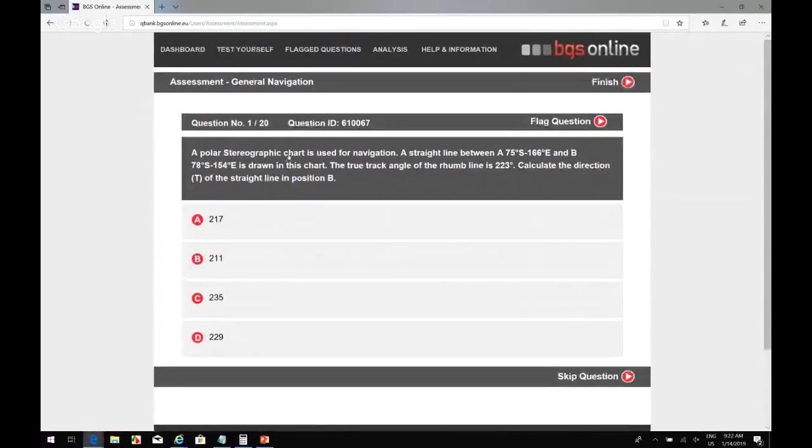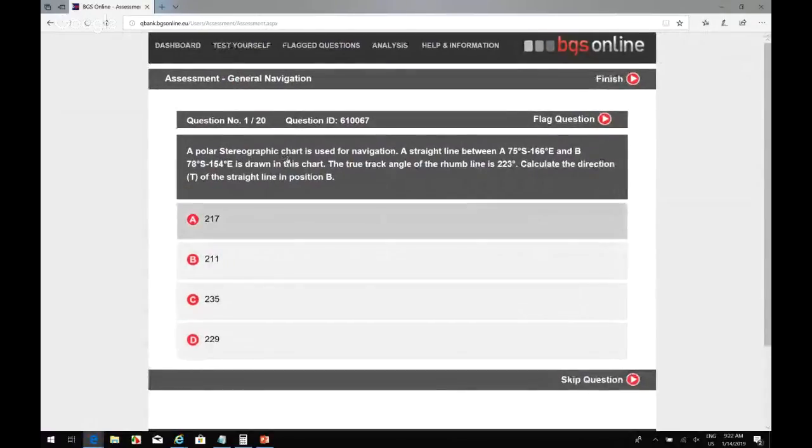So this question says a polar stereographic chart is used for navigation. A straight line between A, 75 south, 166 east, and B, 78 south, 154 east is drawn in this chart. The true track, so 166, 154.